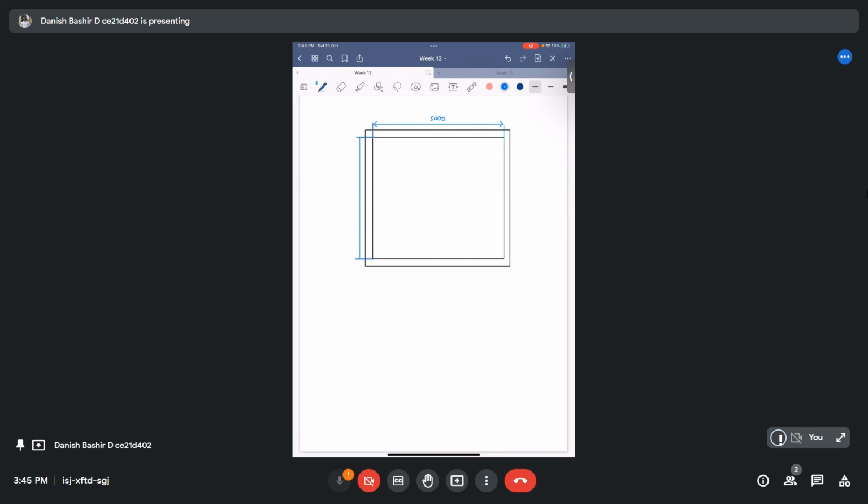Okay, 4,000 mm. We are having walls of 230 mm thick on all four sides. I'm writing on only one side. Okay, these are uniform. 230, 230.